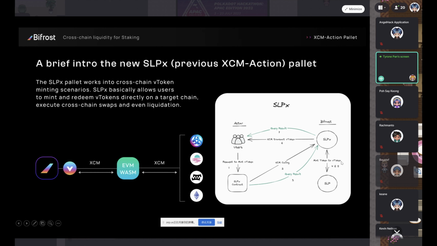SLPX will automatically call the liquid staking pallet on Bifrost, calling it to mint the token to vToken. So the SLP pallet will mint the vToken and transfer it back to the SLPX pallet, and then it will send the vToken back to the user via the XCM and query the result, whether the transaction succeeded or not. So that's the simple logic workflow of this SLPX.